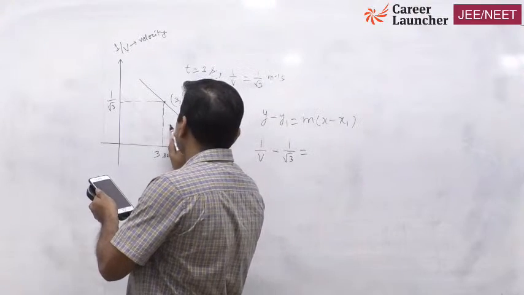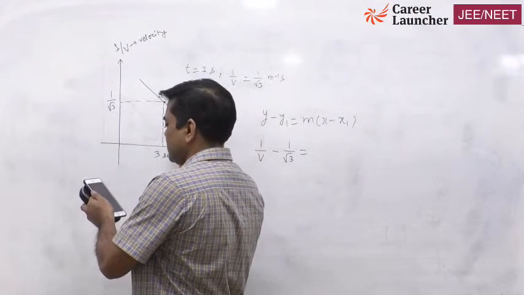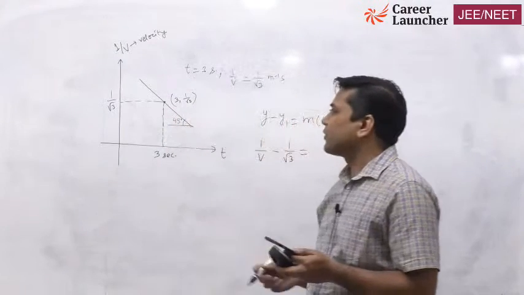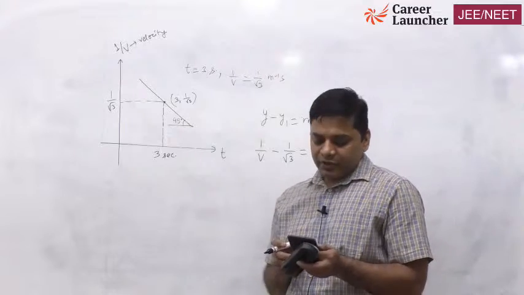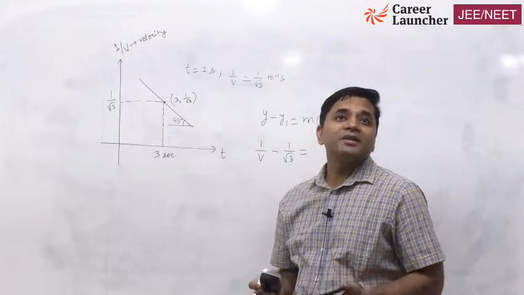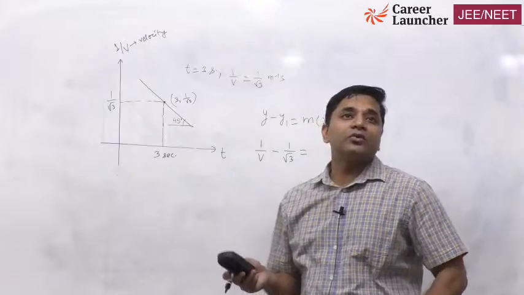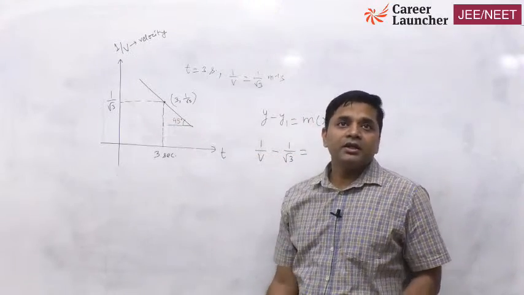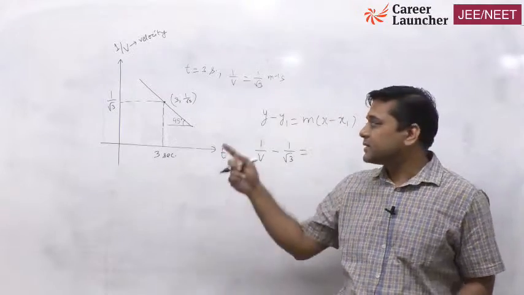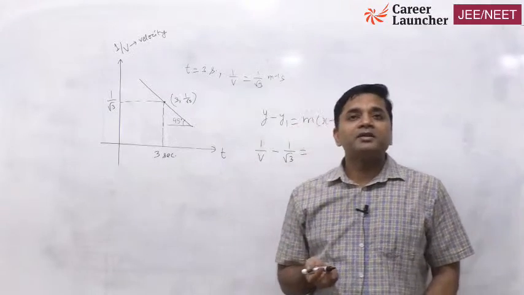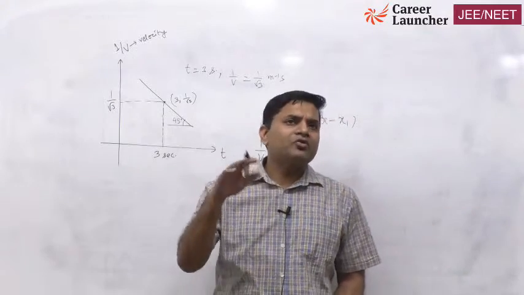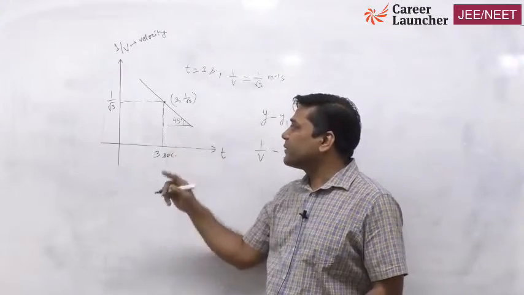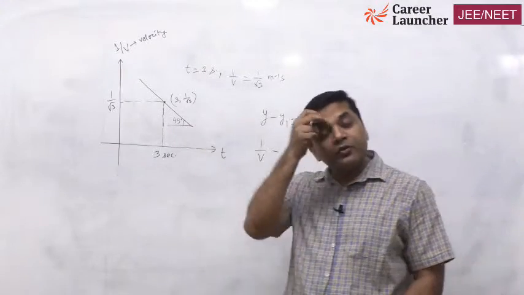That's why this one is 45 degrees. I'm sorry for this. Without this, it could not be solved. Last time we didn't need the slope because 2 points had been given, so we could calculate it on our own. Here only 1 point is given, so you cannot calculate the slope unless 2 points are mentioned. The slope is given by y1 minus y2 upon x1 minus x2, or y2 minus y1 upon x2 minus x1. Here only 1 point is given, so 45 degrees is mentioned. I'll give you 2 minutes more to solve this question.